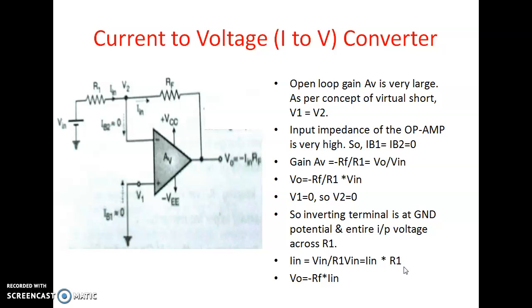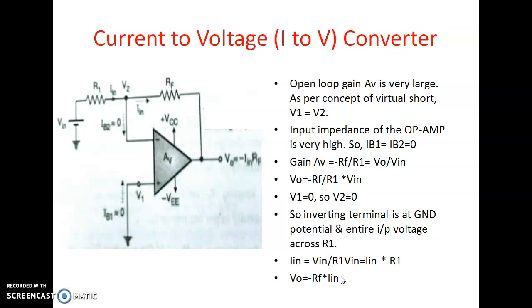If we go for the sensitivity of the I to V converter, then as we have seen, the output voltage is VO = -RF × IN as per this formula. Hence the gain of this converter is -RF, and the magnitude of the gain, that is RF, is also called the sensitivity of the I to V converter.